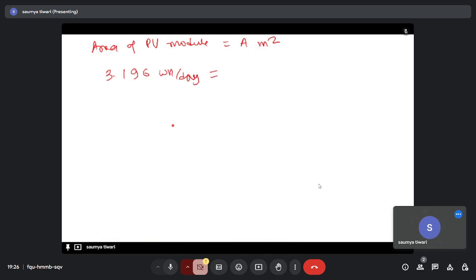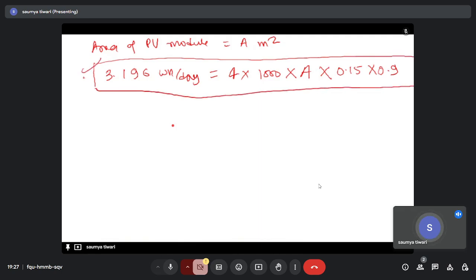should be equal to your incident flux onto your module, which will be 4 into 1000, into the area of the module, into the module efficiency, which was 0.15, and we are considering some loss due to the increased temperature of the PV module. For that, we are considering a factor of 0.9. So this is your energy balance, right?